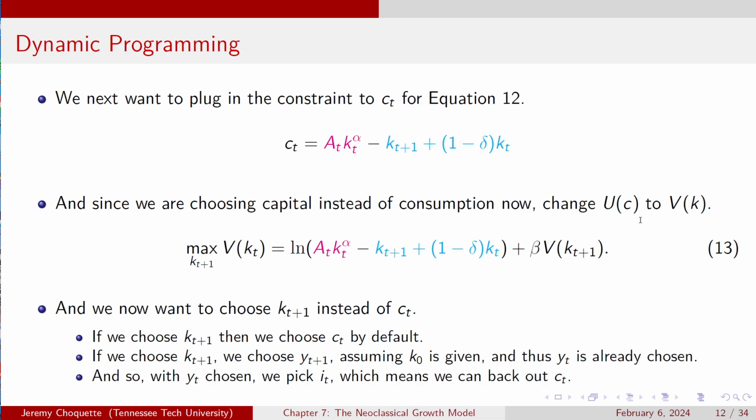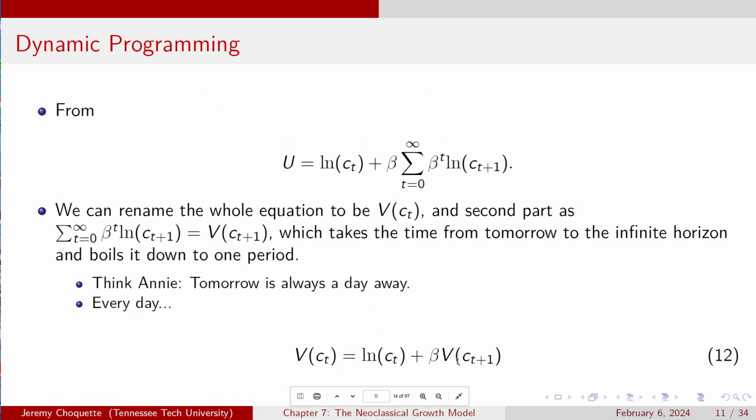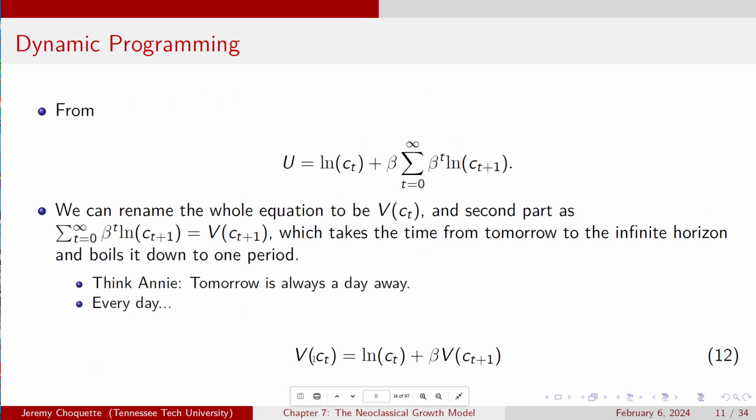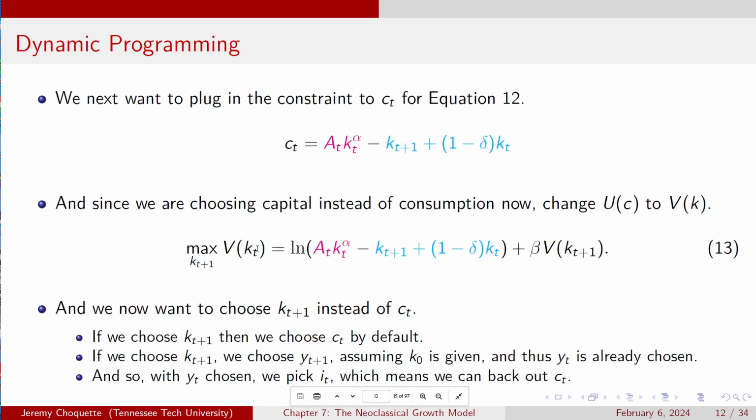Now, why am I doing it? What happened to that V of CT? Well, I substituted consumption out, right? It's now in terms of capital. So because it's in terms of capital, this V of CT becomes V of KT. And then I've got plus beta times V of KT plus 1.